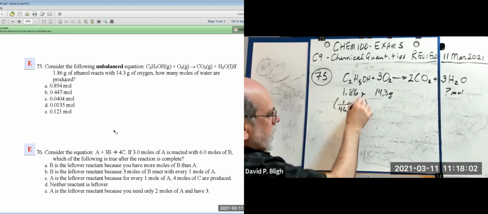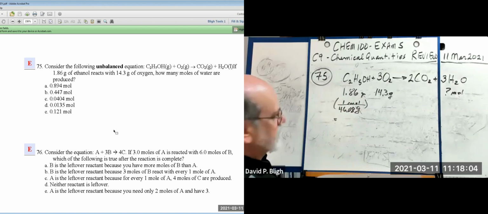Okay, so the grams cancel and leave us with how many moles? 0.0404.